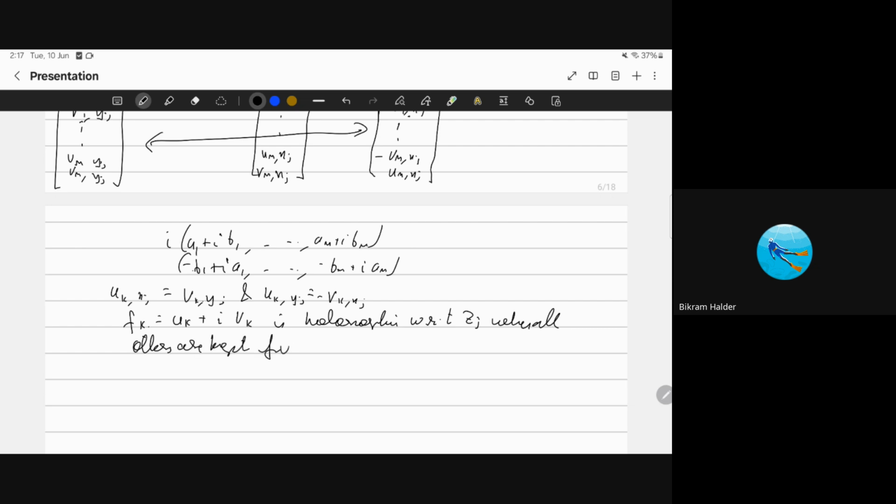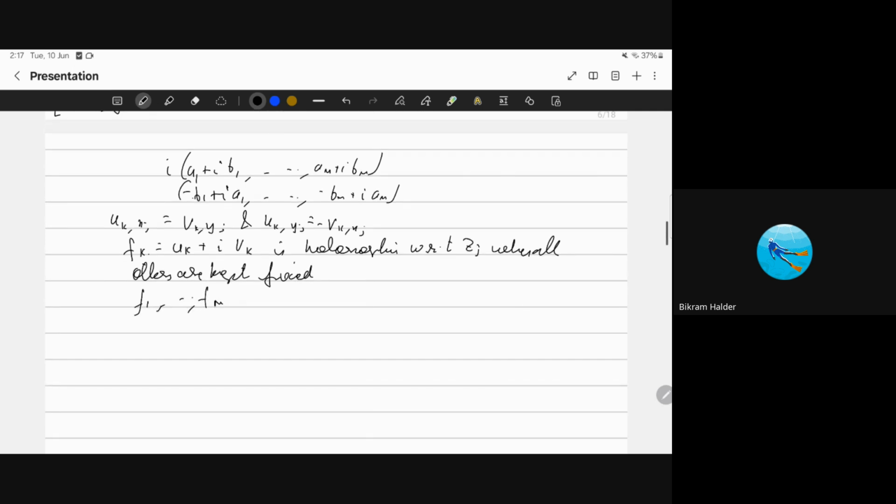So C-linearity corresponds to each of the functions f1 to fm being holomorphic with respect to each variable separately, right? And this is what ends up being the definition of holomorphy for functions from Cn to Cm.